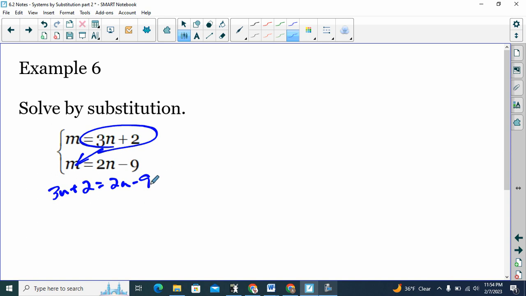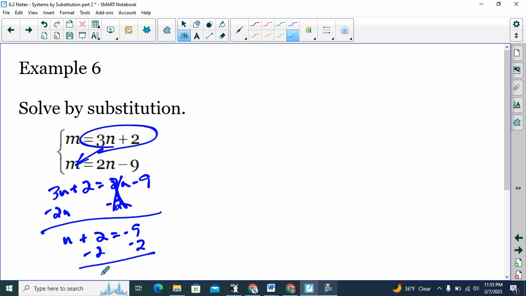With n's on both sides, we need to move them all to the same side. We can do that by subtracting 2n. 3n minus 2n, that's 1n. And subtract 2. n equals negative 11.